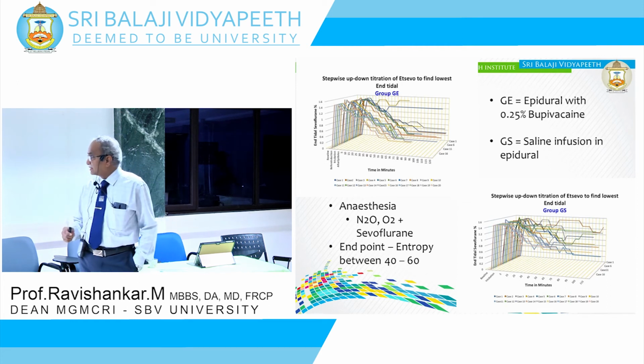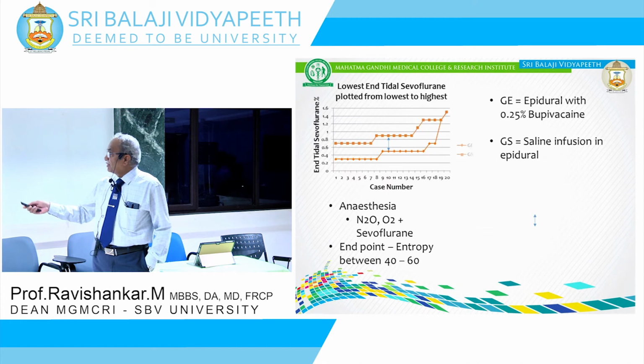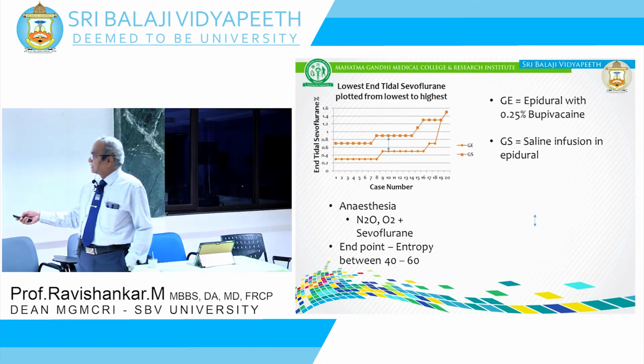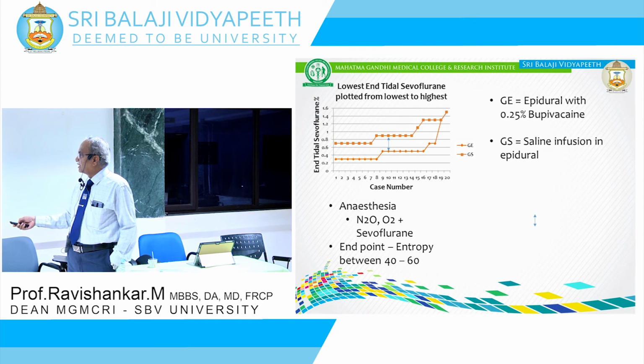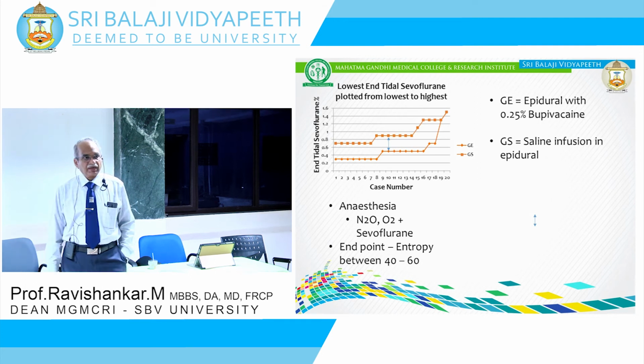So what is the interpretation? When you look at the end-tidal sevoflurane concentration in the epidural group, the requirement remained at 0.5%, whereas in the saline group, it remained around 0.9%.